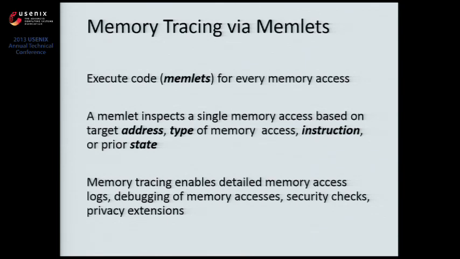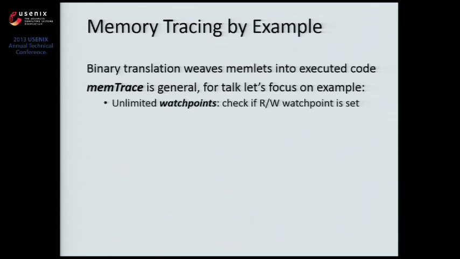But the big requirement is that memory tracing should be very, very cheap. In production, usually 30 or 60x overhead is just not tolerable. The general technique of memory tracing uses some form of binary translation to weave these additional memlets into the executed code so that the memlets execute alongside the already existing code.